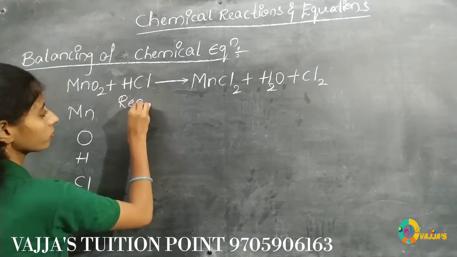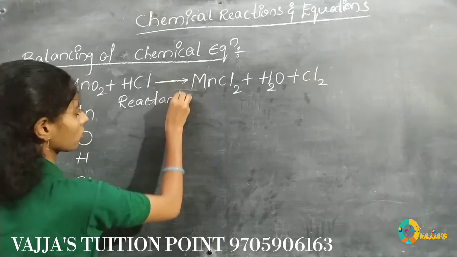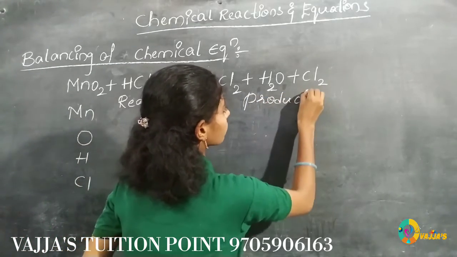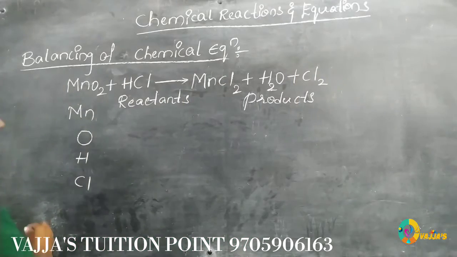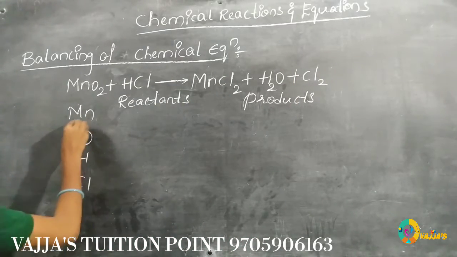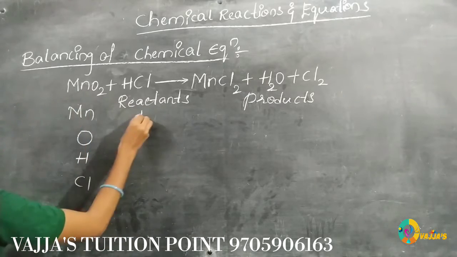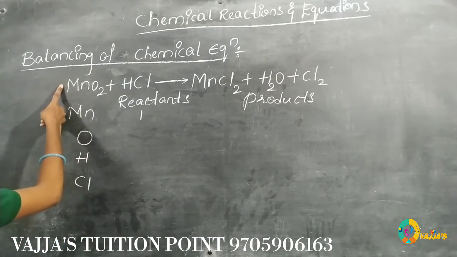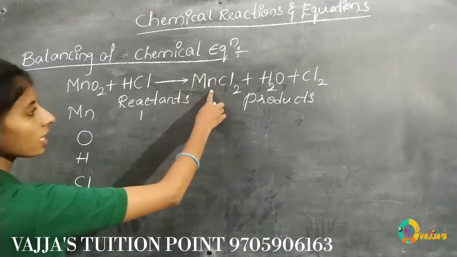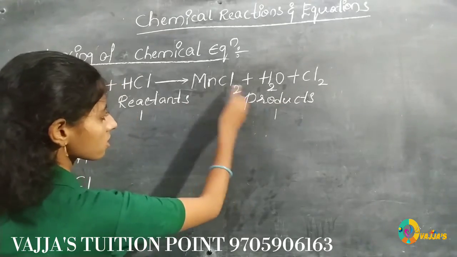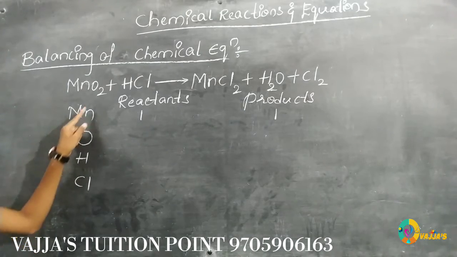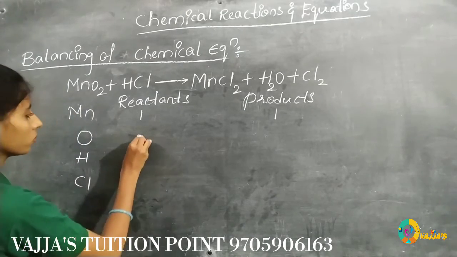Now see. On the reactant side, Mn atoms are 1. Here we have coefficient as 1, subscript also 1. On the product side we have 1. Now oxygen atoms. On the reactant side we have 2.